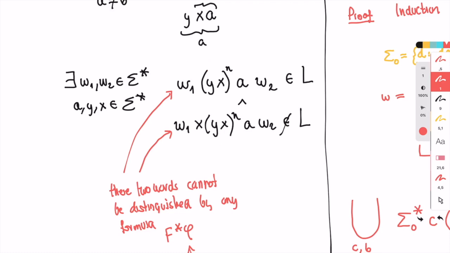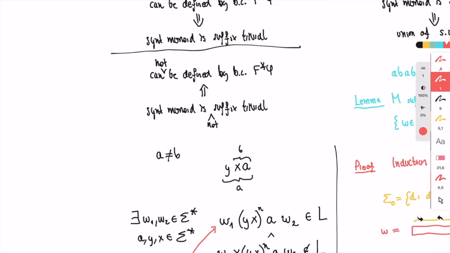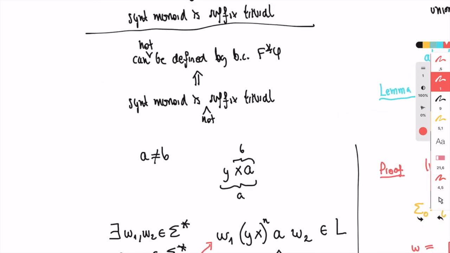This requires a little bit more formalization, because if you jump here, then you need to show that you need to jump here with a suitable position of x, but it's not a difficult argument to show. So this is just an easy Ehrenfeucht-Fraïssé argument. So these two words cannot be distinguished by formulas of the appropriate form, and therefore the language cannot be defined by this logic, which establishes the contrapositive.